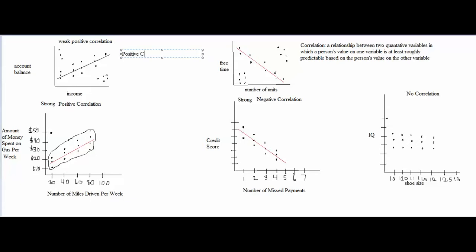So a positive correlation is a correlation in which people with higher values on one variable tend to also have higher values on the other variable.